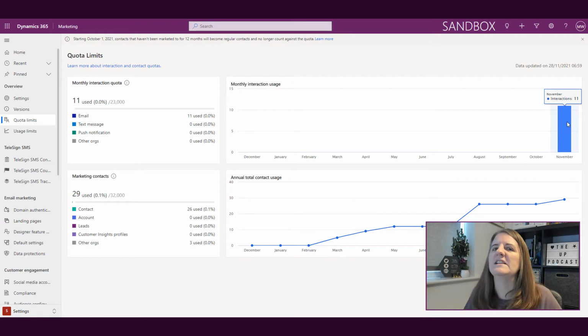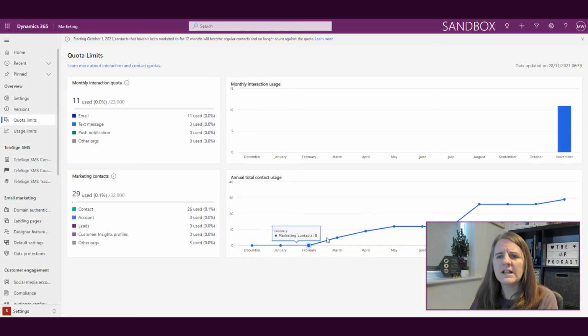This has just recently come out this month, so I'm not entirely sure why I'm not seeing anything for the other ones if they're not able to backtrack, but moving forward, we would be able to see the interactions month on month. And then also total contact usage for the year, we can see month on month what contacts we've used, or sorry, the number of contacts that we have used. So we're able to see a little bit more here.